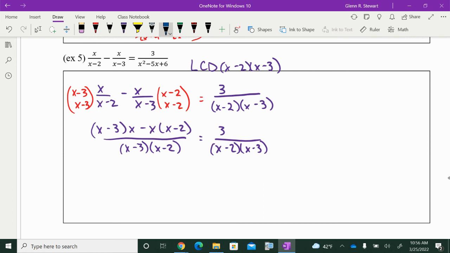On the left top numerator, okay, I want to distribute. I want to simplify. So this is going to give me x squared minus 3x minus x squared plus 2x. And I'm just going to set that equal to 3.